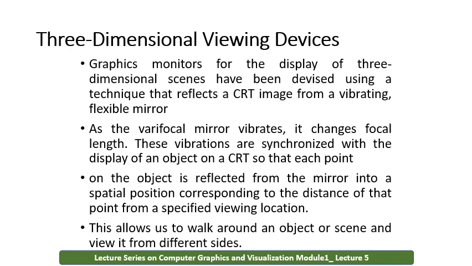Three-dimensional viewing devices. Graphics monitors for the display of three-dimensional scenes have been devised using a technique that reflects a CRT image from a vibrating flexible mirror. So in three-dimensional viewing devices, there will be a CRT image, and from the vibrating flexible mirror, as the varifocal mirror vibrates, it changes its focal length.